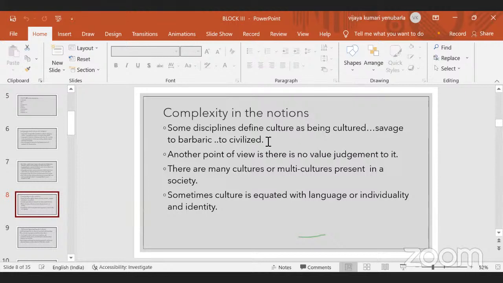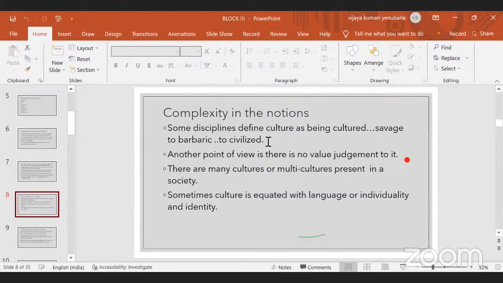But you cannot say that the people who celebrate birthdays are good and the people who do not are bad. Everything has its own importance, its own significance, isn't it? So you cannot judge them. So there are differences of opinion between the studies on how you define culture.